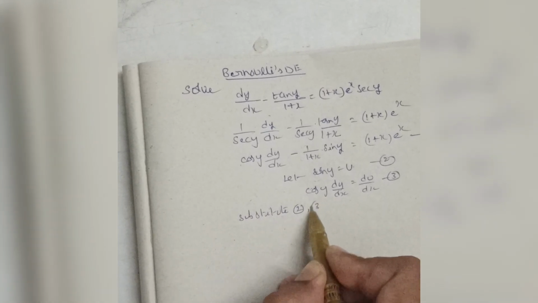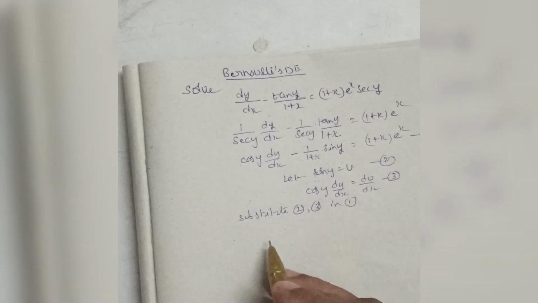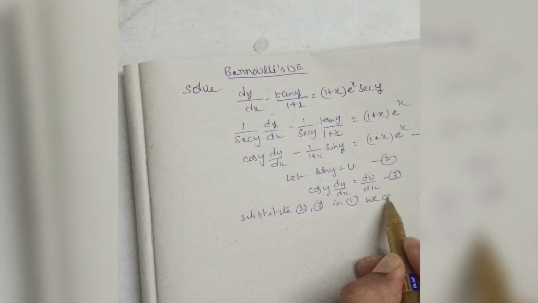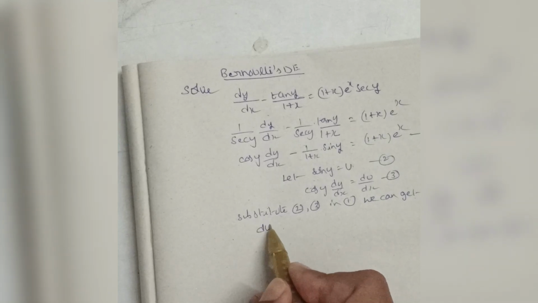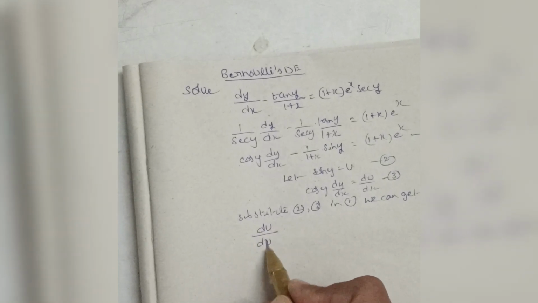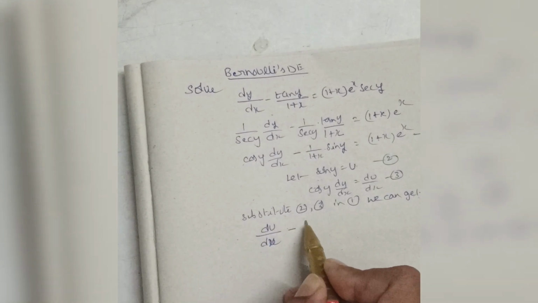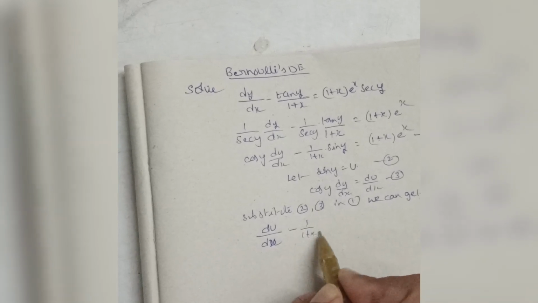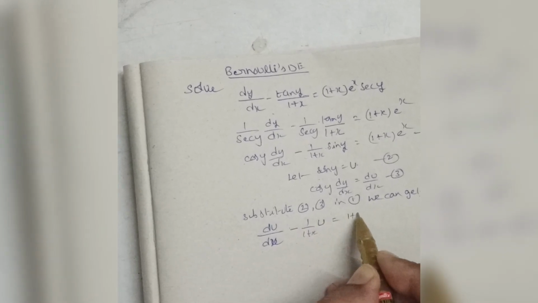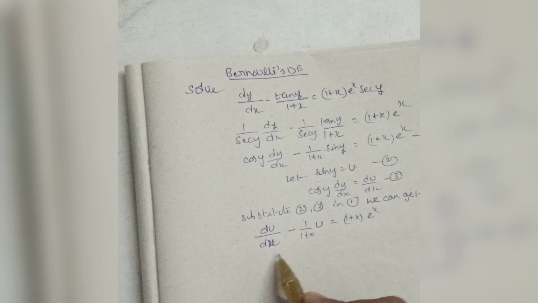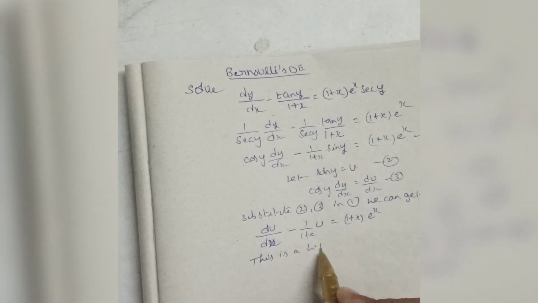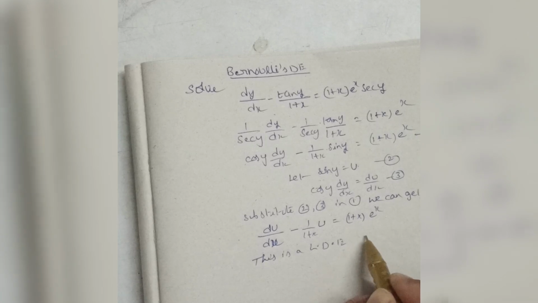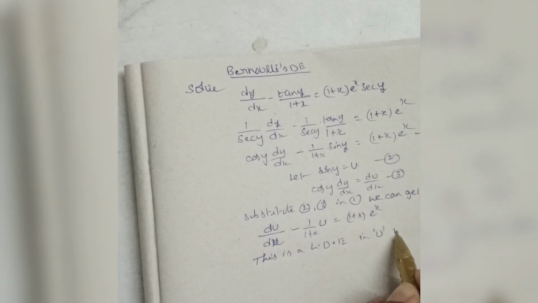We get du by dx minus 1 by 1 plus x of u equal to 1 plus x into e power x. Now this is a linear DE. This is a linear differential equation in u with respect to x.